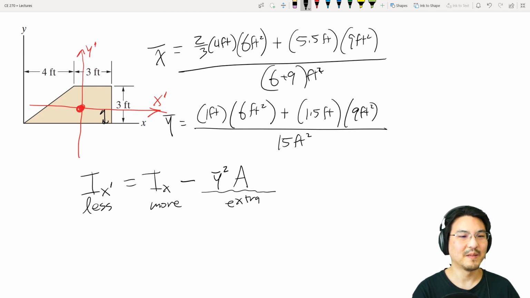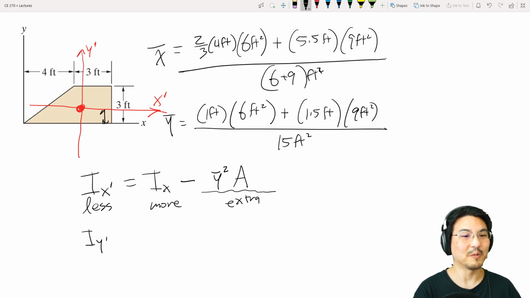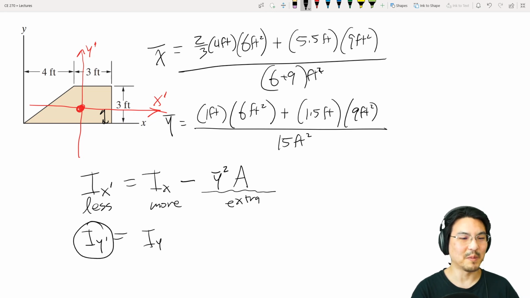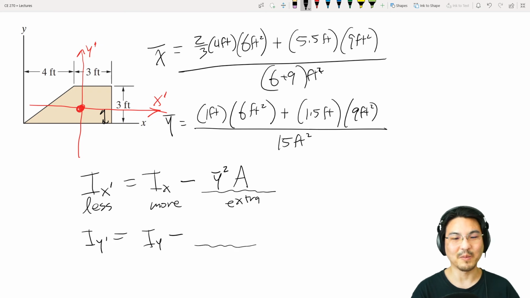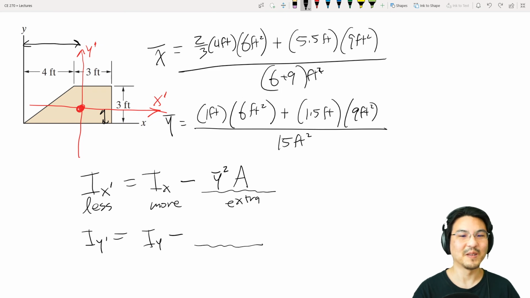Okay, how about y prime, about this axis? We already solved it for this one, and we know that this is a minimum, this is more, so it's minus some extra amount. How much is that? The distance between here and here, which is this, the x component of the centroid. That squared times the area.